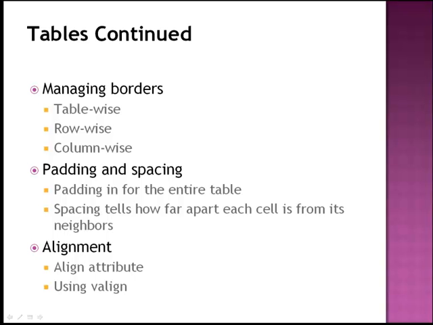There are also rule attributes that allow us to control how the grid lines of your cells within the table will be represented, either table-wise or row or column-wise. Those attributes are rules for columns that show only vertical lines, rules for rows that show only horizontal lines, and rules for groups that separate groups of data in a table.